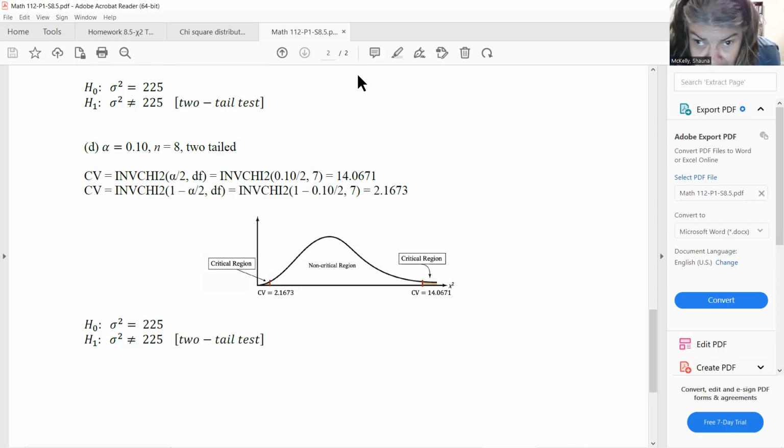But the next thing that we need to learn to do is p-values. So I'm going to practice a couple of these p-values with you, so you see how the p-values work.